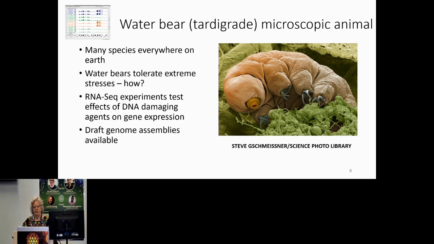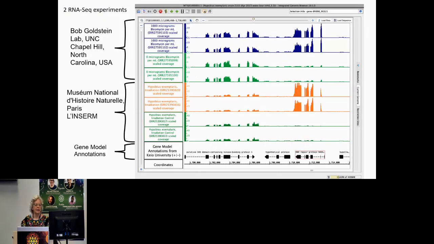And a lot of people have done RNA-seq experiments testing the effects of DNA-damaging agents on gene expression in an effort to try to figure out why tardigrades are so good at tolerating extreme stresses. And also there are some draft genome assemblies available. So what you're seeing here is graphical representation from the genome browser of two RNA-seq experiments that happened in completely different labs.